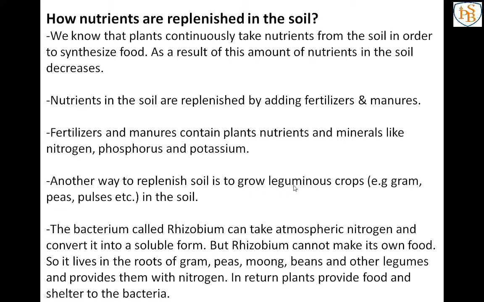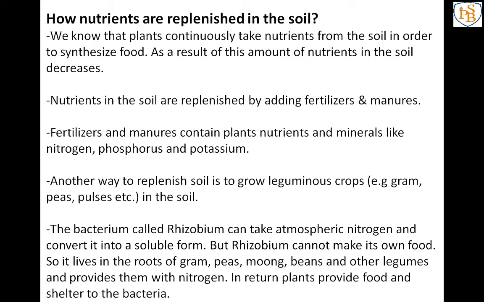When we are growing the leguminous crops, inside the soil the roots are growing. We already know that inside the soil roots are growing. So the rhizobium bacteria are sticking to the roots in the soil. That rhizobium takes the atmospheric nitrogen from air, converts it into soluble form and dissolves it in soil.